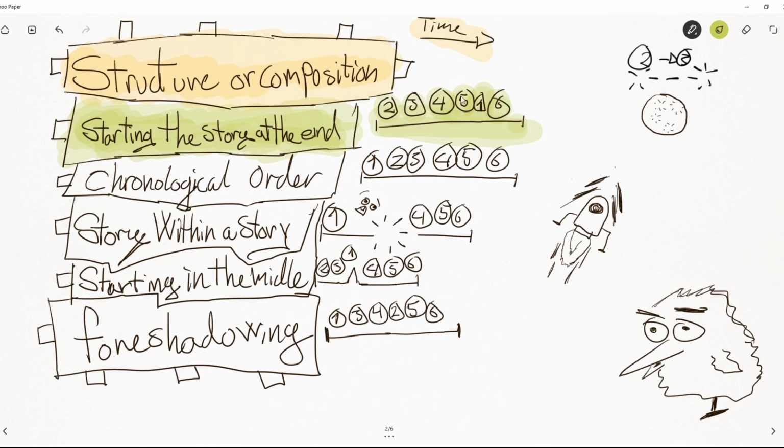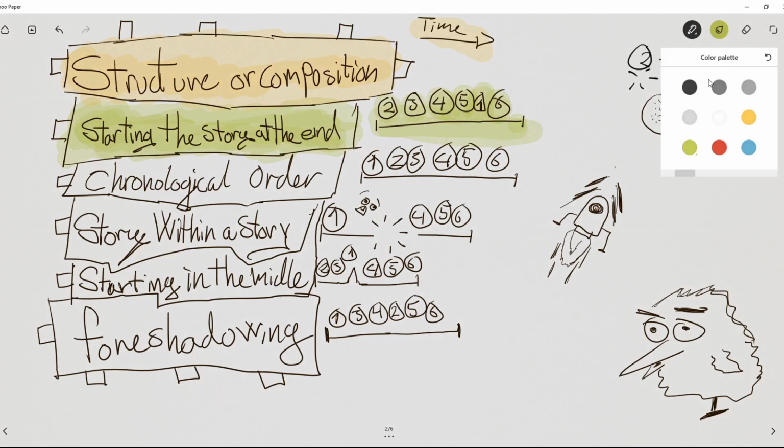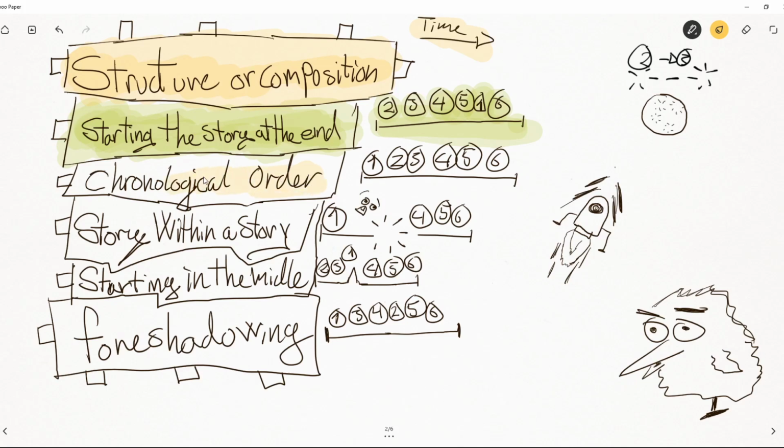So when you get there, you only have to resolve the final conflict, or even this is the actual end, so nothing happens past point 5 there. And then we have the chronological order, and this is quite easy to get. That's the one you use all the time.